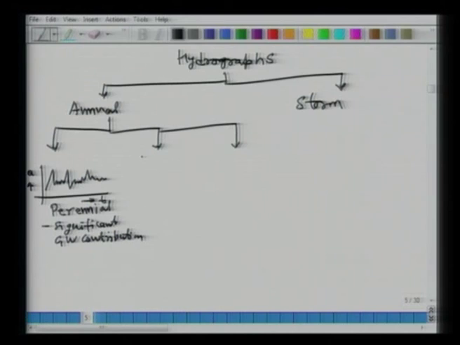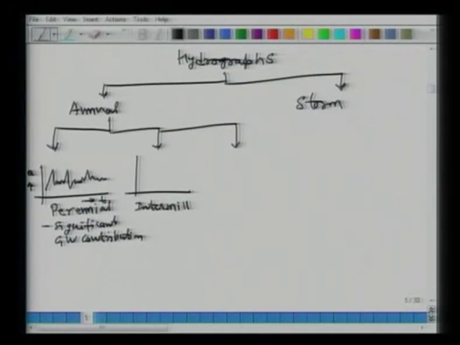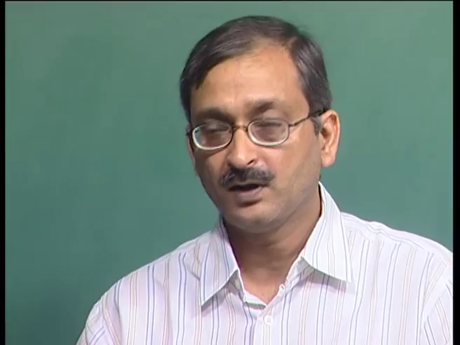Then the second one we have is what is called an intermittent hydrograph, in which you have flow in the catchment or in the river for most of the year, except very few periods when you do not have any flow in the river, all right.